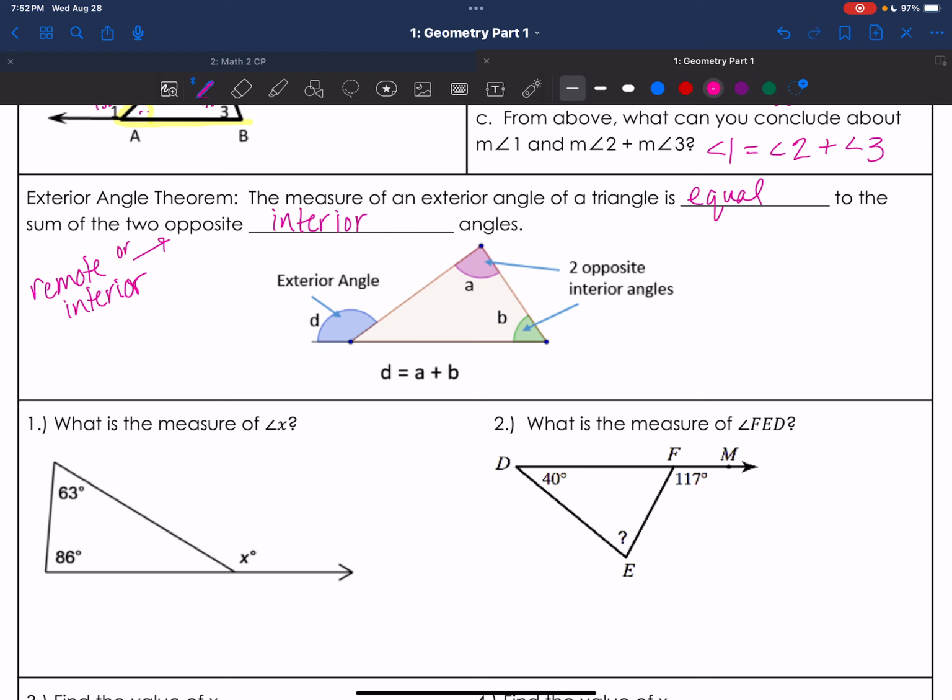All right, so let's use some pretty colors. This is saying that angle D is equal to the sum of angle A plus B. So your exterior angle is equal to the sum of A plus B.